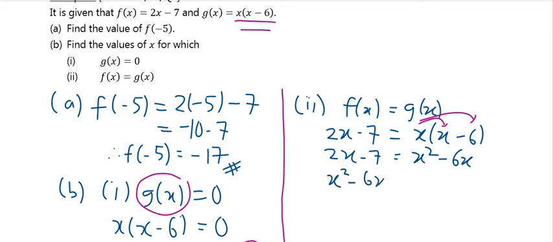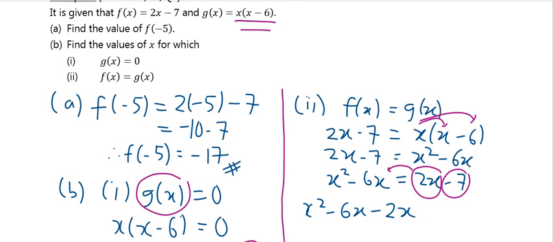So you have to make sure that you will have a quadratic equation. So you have to move 2x and negative 7 to the other side. So here, x squared minus 6x, and then 2x moved to the other side will be negative 2x, and negative 7 moved to the other side will be plus 7 equals 0.